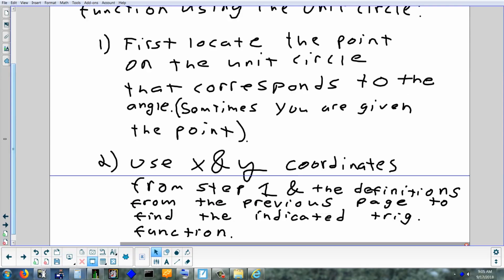If the question asks for the tangent, plug into tangent. The way it's going to be set up on the test is I'm going to ask you 1 trig function per problem. I'll say find the cosine, or find the secant. The way we're going to practice it in class is we're going to do all 6. So I'll give you a problem and I'll say find all 6. So we practice doing each one of them.